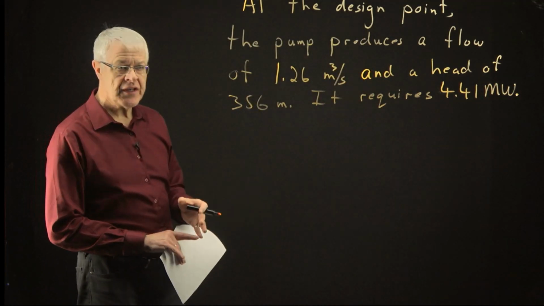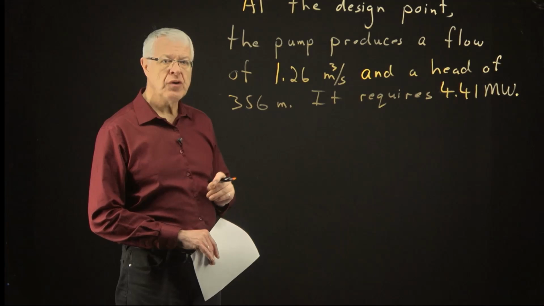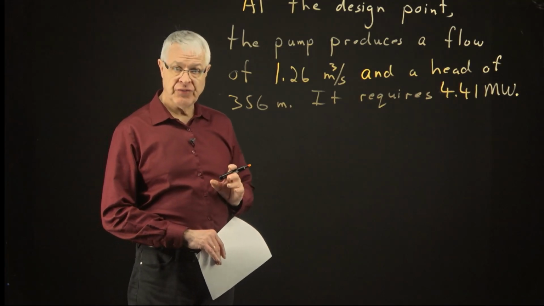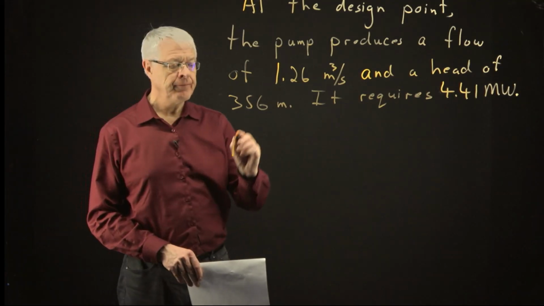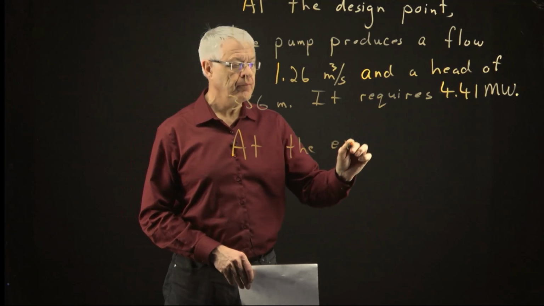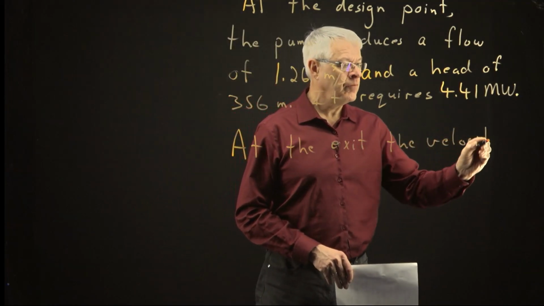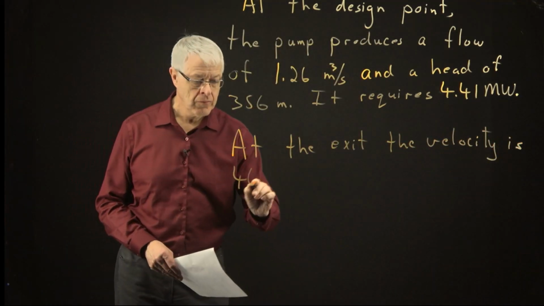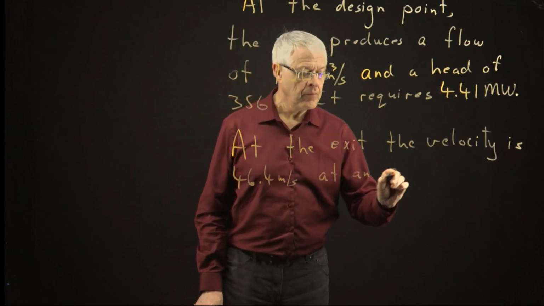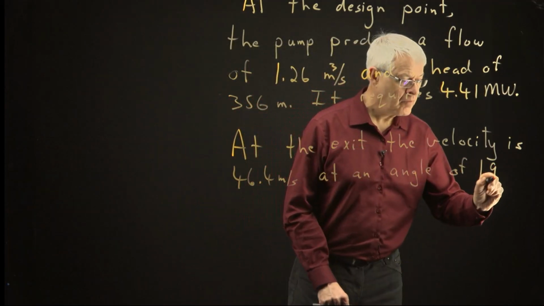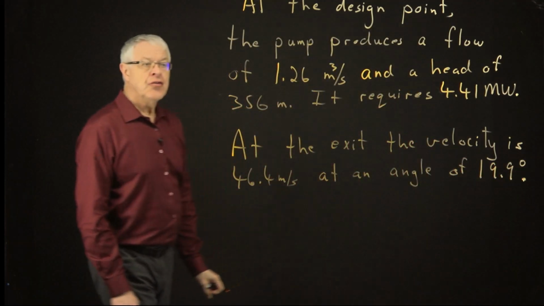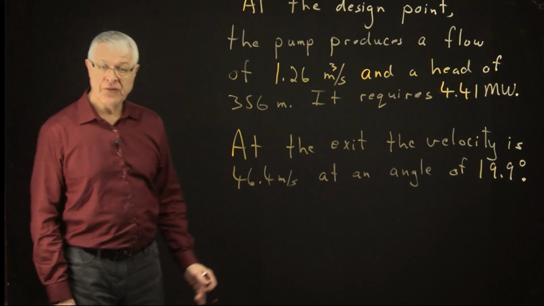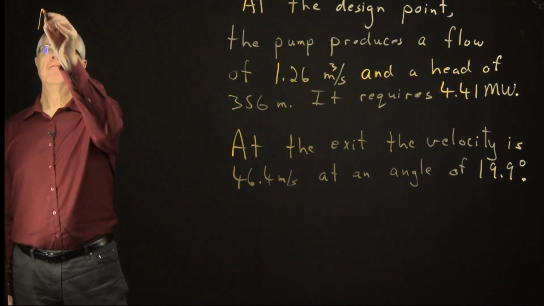It tells us the head, the flow, and the power requirements of the pump. The exit velocity is next. So those are our concluding statements. Next, we'll take a look at our assumptions list.